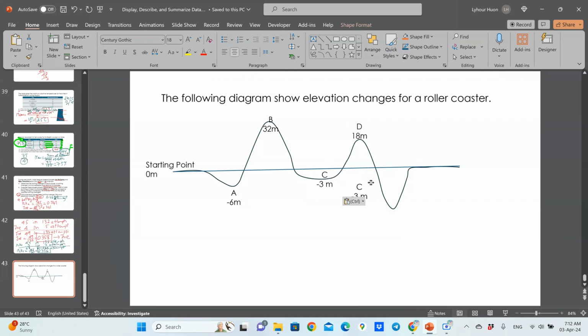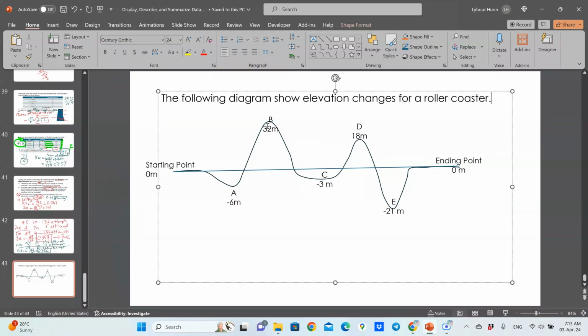Then point E is -21 meter. This is the ending point, 0 meters.